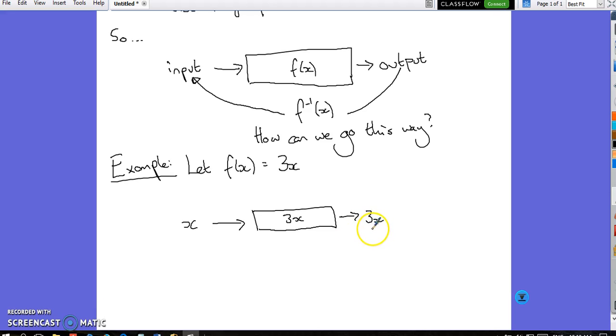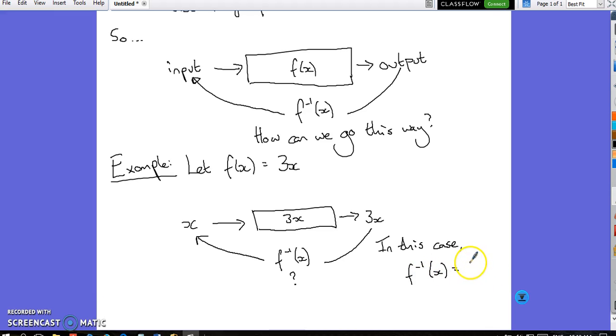So the inverse function asks, how can we go back this way? Well, if to get from here to here we've multiplied by 3, then to get back this way we need to divide by 3. So in this case, our inverse function is x divided by 3.